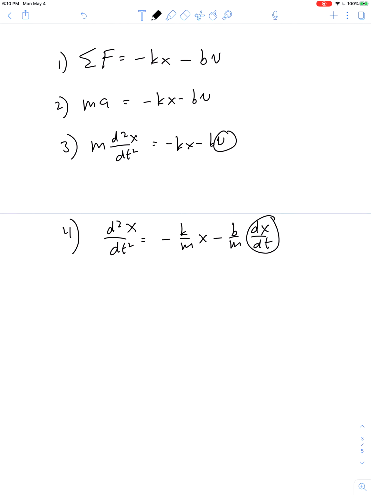Velocity is the first derivative of position with respect to time. Acceleration is the second derivative. Of course, x is just the original function. In other words, when something undergoes damped vibrations, position still varies with time, right?